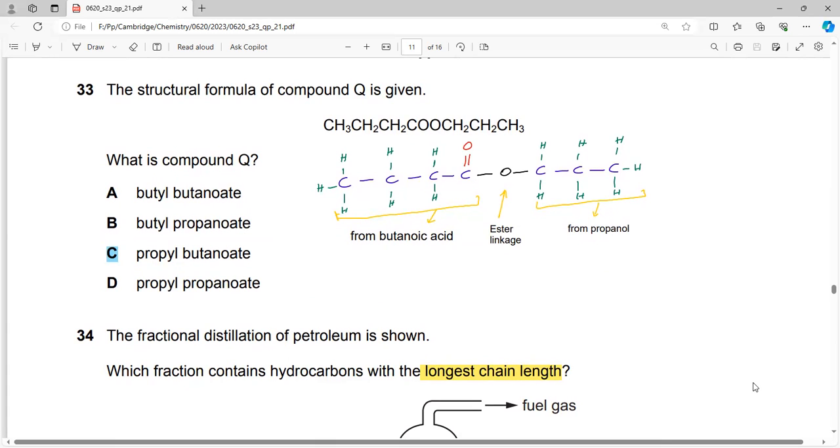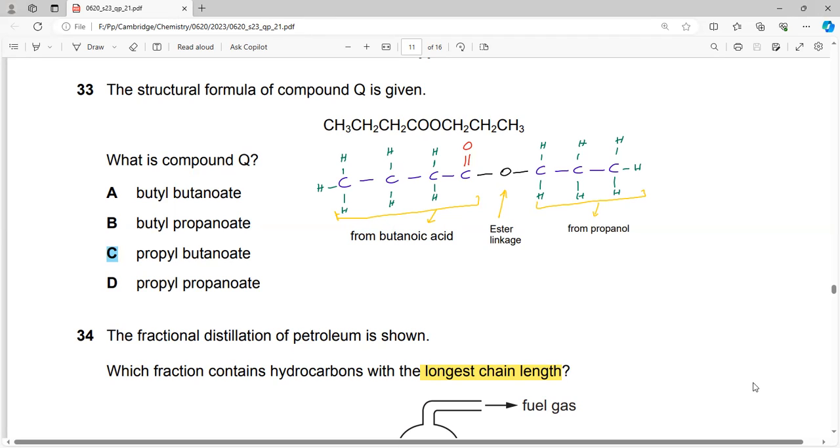Question number 33. The structural formula of compound Q is given there. So what is compound Q? In this compound Q, I drew a structural formula. We have the central carboxyl group, and this carboxylic acid contains 4 carbons overall, so it belongs to butanoic acid. This butanoic acid reacted with propanol, and by a condensation reaction, with removal of a water molecule, this produced an ester bond.